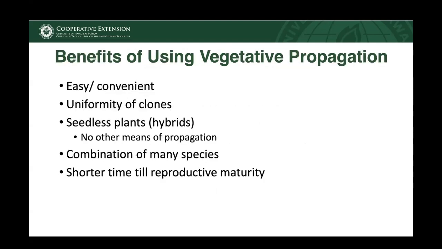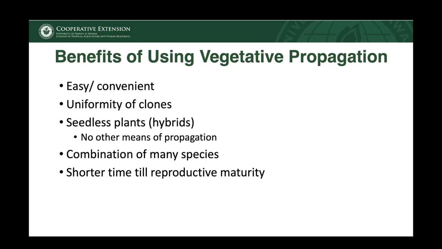Some of the benefits of using vegetative propagation: it can be easy and convenient, especially if the seeds are no longer available. There's uniformity of clones. If you're taking similar plant material, you're potentially going to have the same stage of growth once plants are ready to go in the ground.